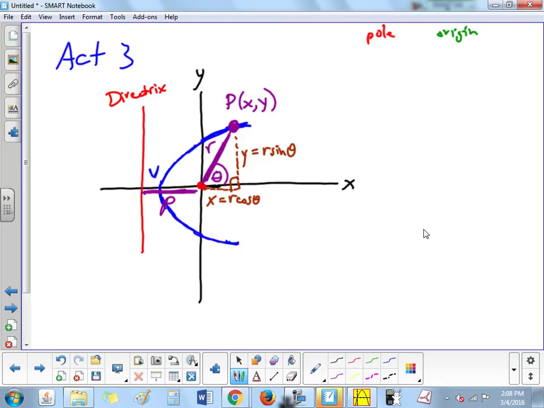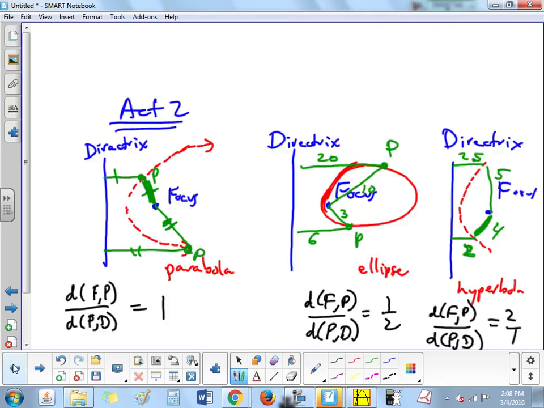Okay, so do you guys remember what we said in Act 2? That all conics have a DFP over DPD. Remember that? They all have a DFP over DPD. Do you remember what I called it yesterday just before the bell rang? Starts with an E. Eccentric. And it's the adjective. Or it's the noun, I mean. It's eccentricity.